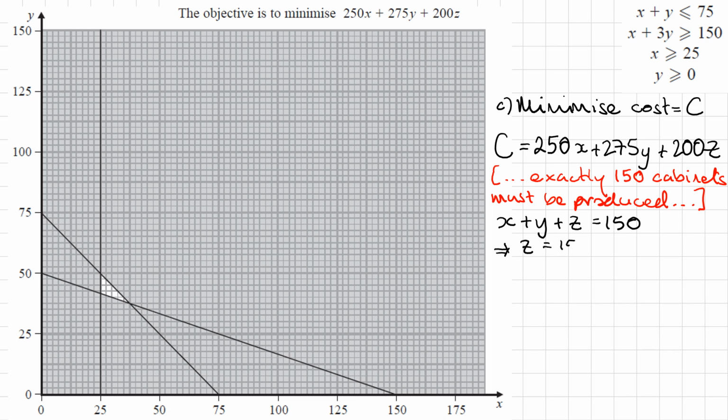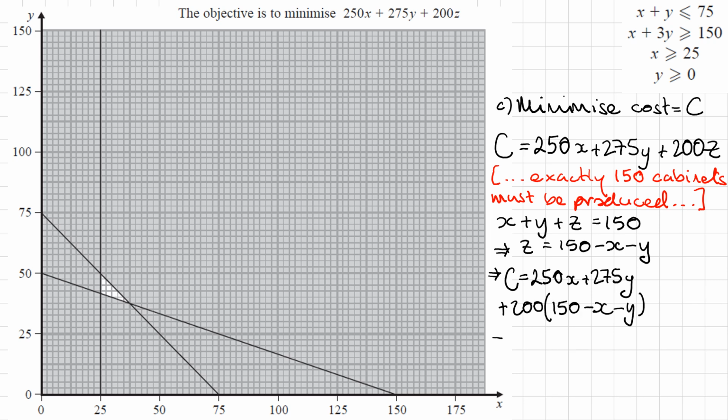So z is 150 minus x minus y, and we can use that to substitute in, to make sure that our objective function is now formulated in terms of x and y only. So we'll put plus 200, and the z becomes 150 minus x minus y.